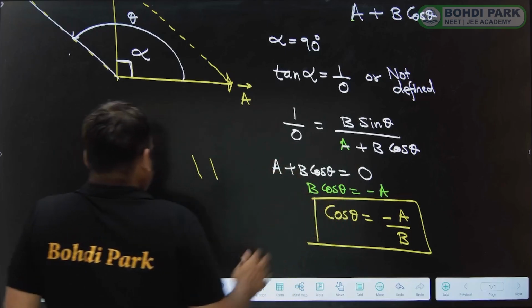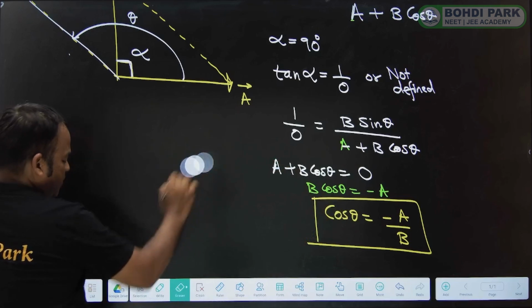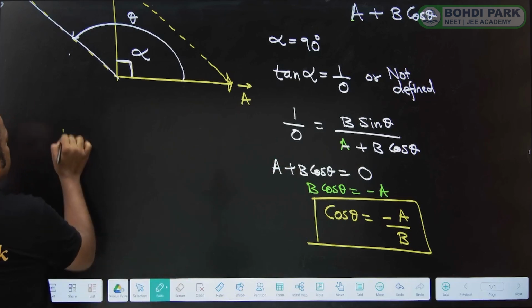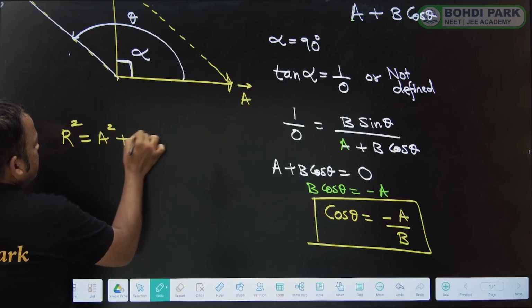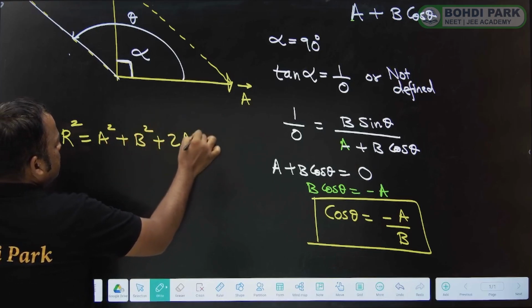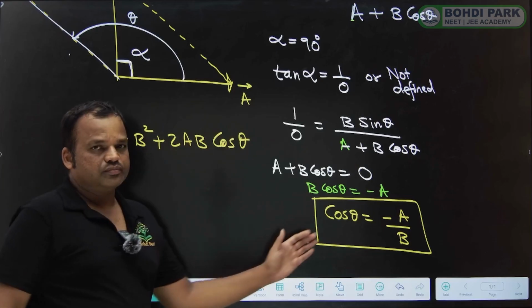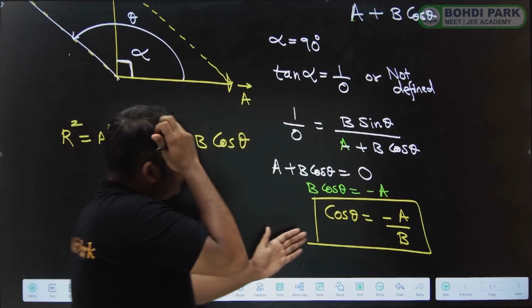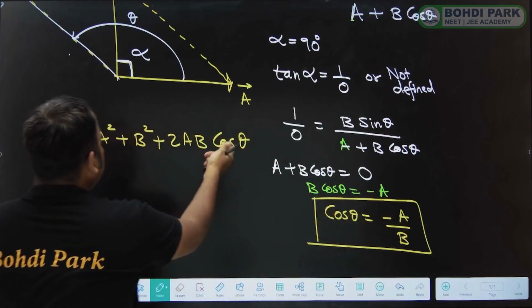Then we know the formula for resultant also. The resultant formula is given by r square is equal to a square plus b square plus 2ab cos theta. Cos theta we will put minus a by b over here.